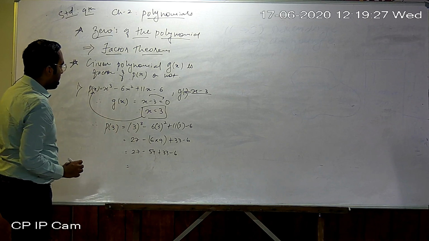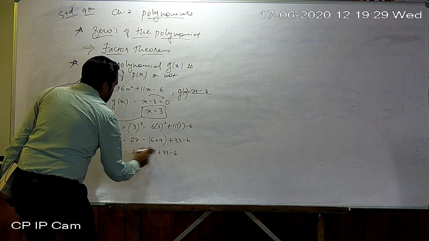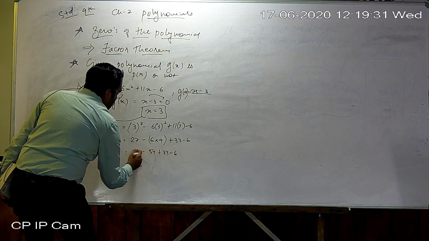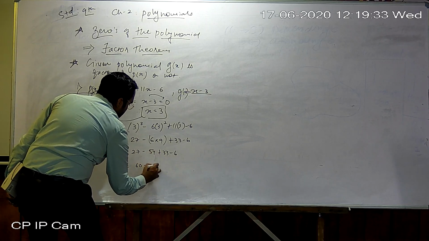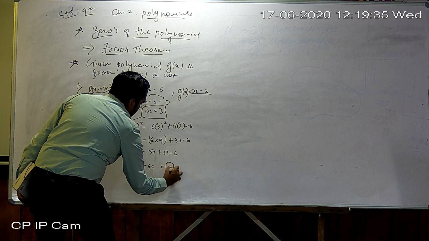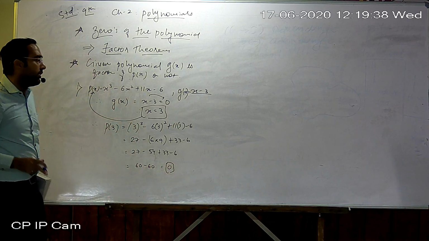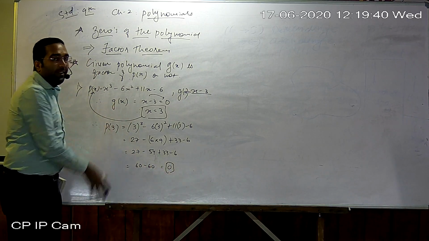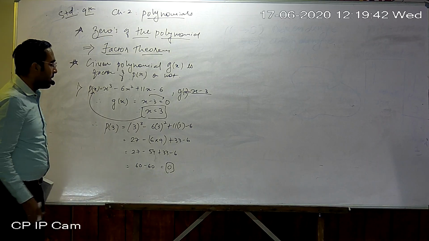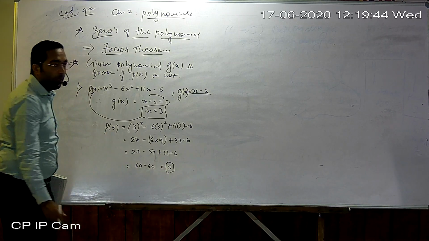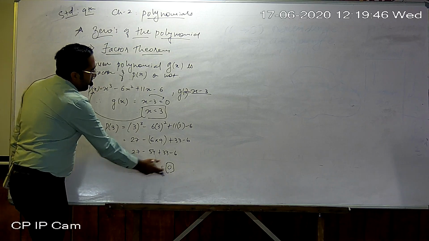That gives 60 minus 60, which is 0. Now which method did I use? I used the remainder theorem to check the remainder of the polynomial. Now what is my remainder?